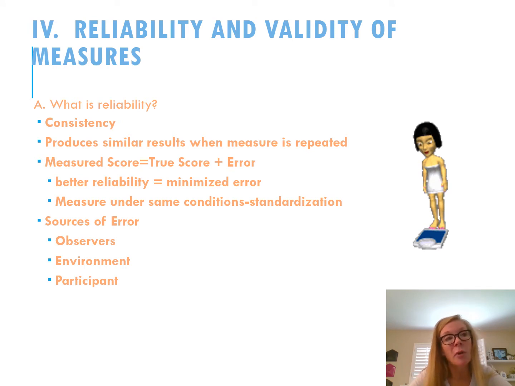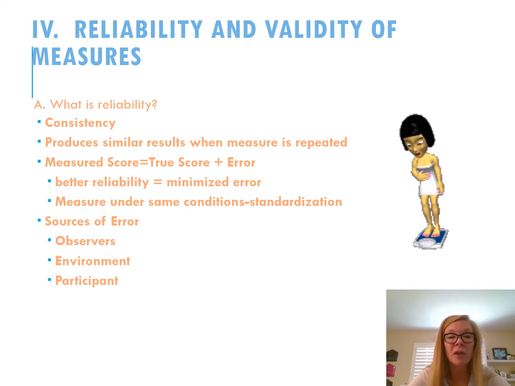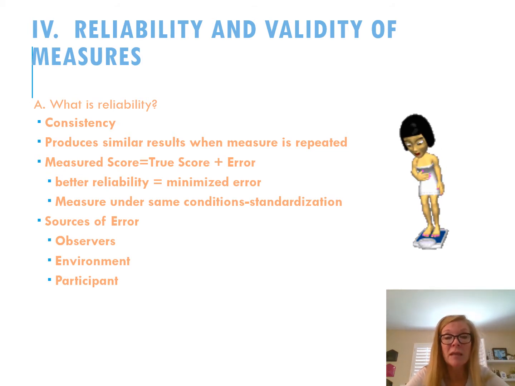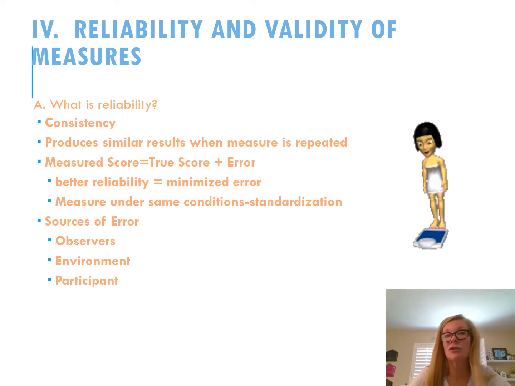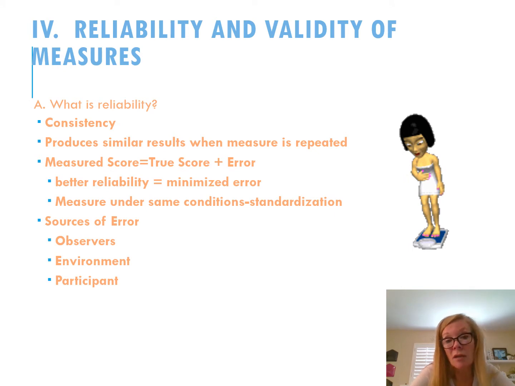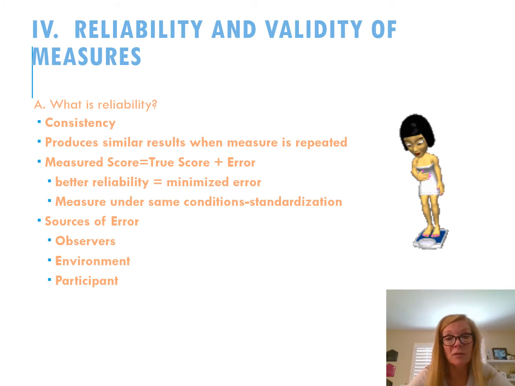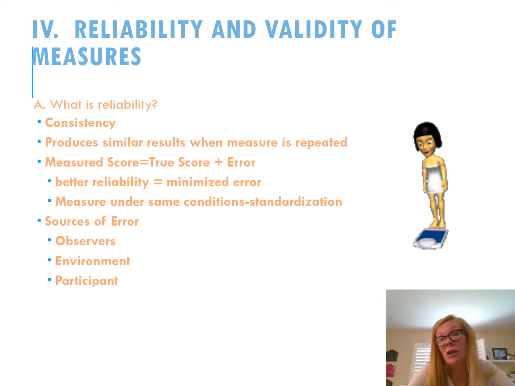So for example, if it were coming from the observer, that means the way that I'm interpreting the behavior, if I'm the one making the observation, can cause problems. If I'm administering, let's say, an IQ test to a participant and I misunderstand one of their responses, or I inaccurately score or record their responses, then that source of error is coming from me.